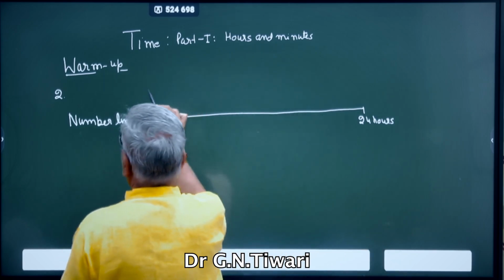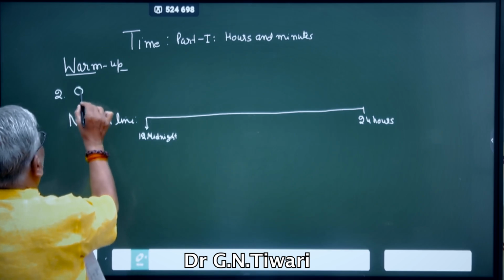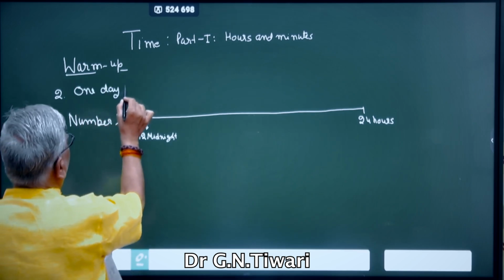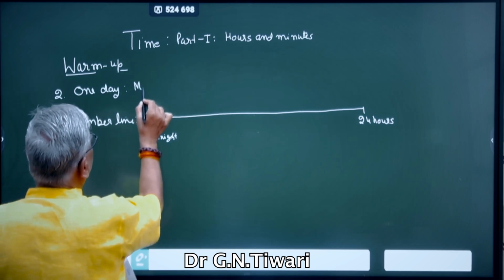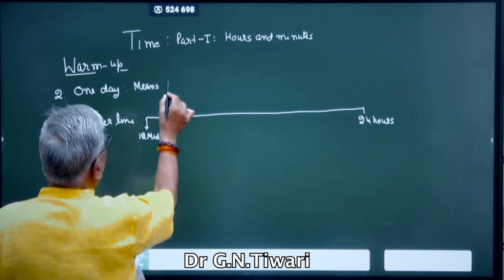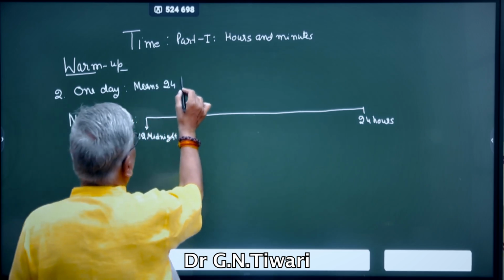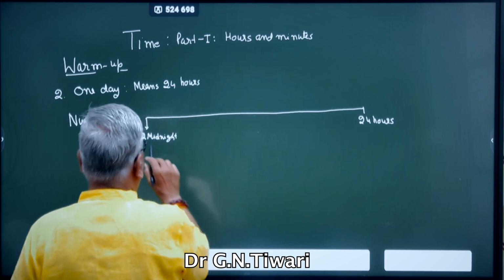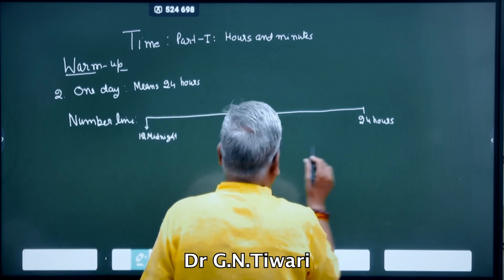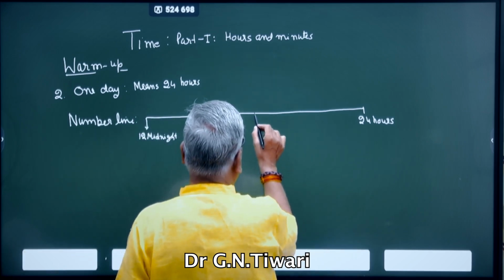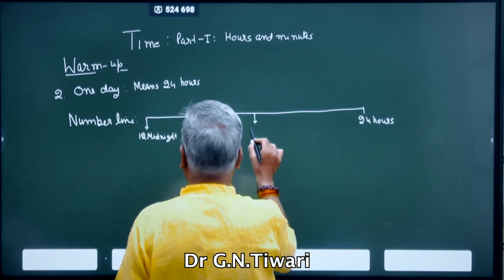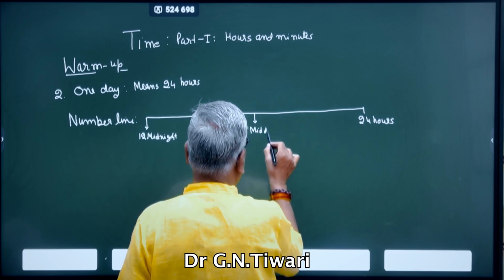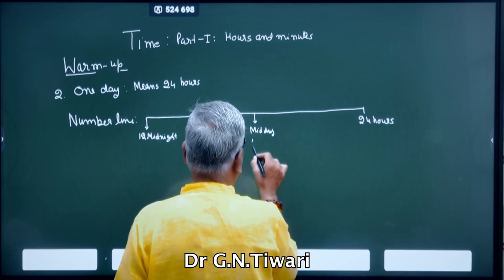Just see. 1 day means 24 hours. I have already said, I am explaining this 24 hours. So this is midnight, and this is midday. Midday means noon.